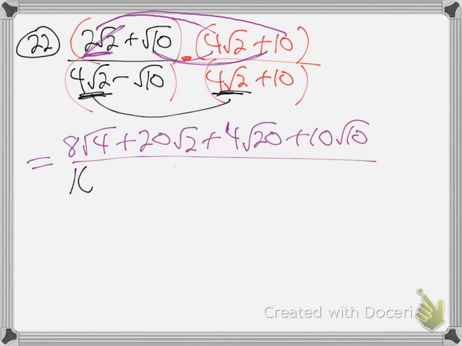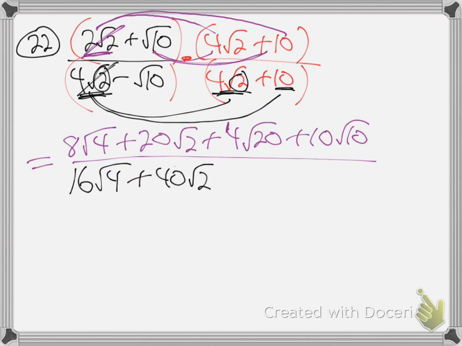The outsider multiplies outsider. 4 times 4 is 16, and 2 times 2 is 4 on the inside, and then 4 root 2 multiplies 10. The 10's an outsider, so it'll multiply with the 4, 40 root 2. He's done. The minus root 10 goes there and there, so that'd be minus 4 root 20.